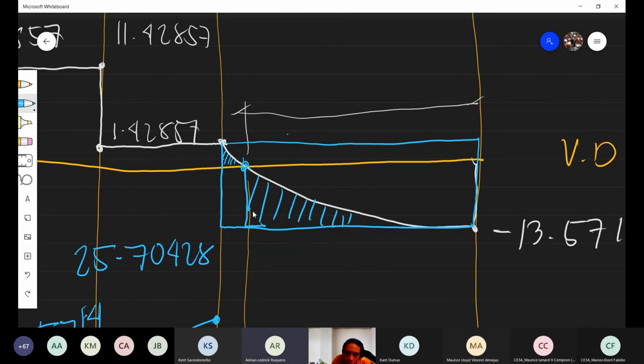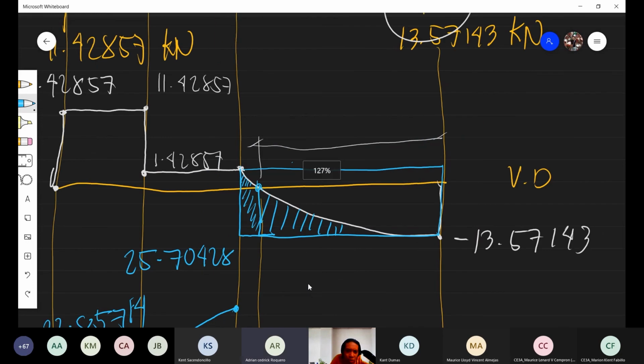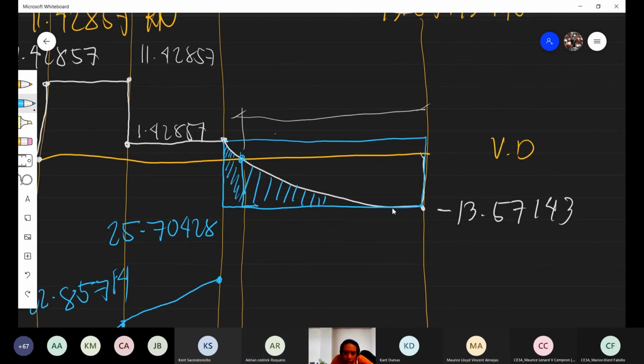Because again, one of the points is the lowest point of the curve. It is a spandrel. Okay, so this area, plus the area of the remaining rectangle, then the area minus the biggest spandrel. Very good. Do you understand? We get the area of the biggest spandrel, then subtract the area of the large spandrel that is not the biggest, then the area of the rectangle. Did you get it?